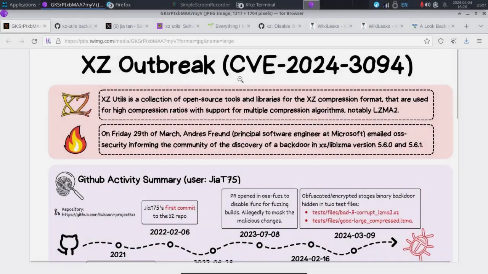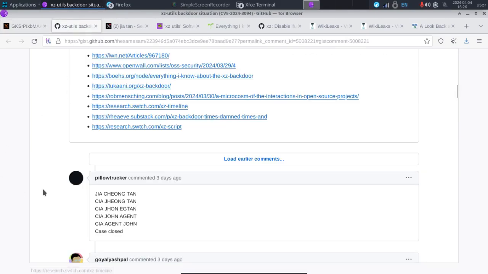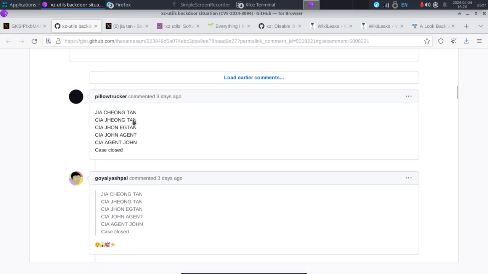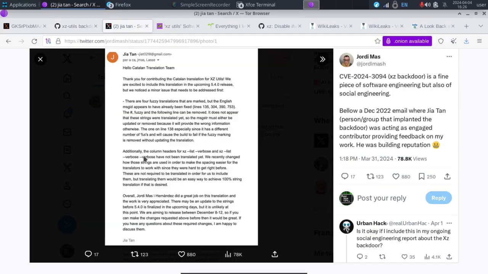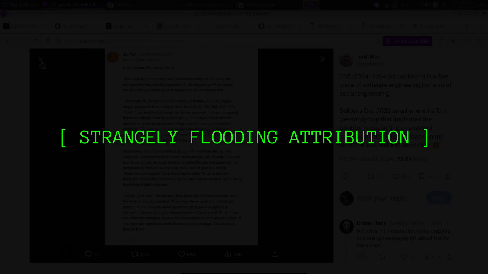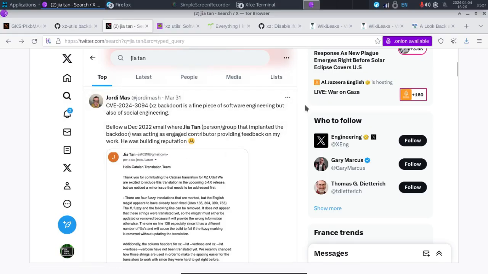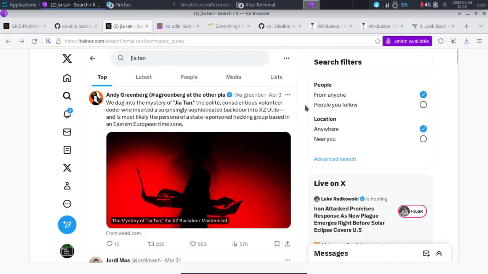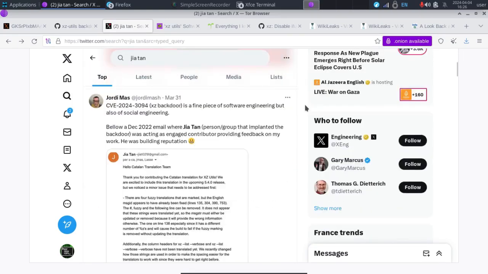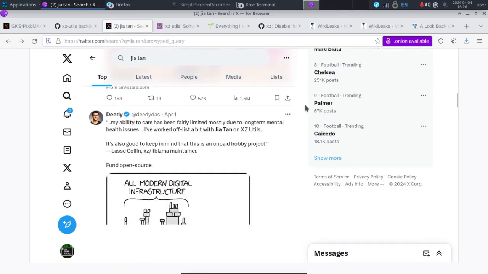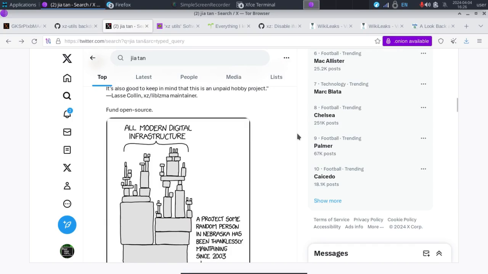So as we can see, this didn't happen overnight, and one thing I do notice is, if it were China, I find it interesting that we are seeing tons of comments trying to attribute it to the CIA. Now, it seems to be the Chinese community is posting these. This could just be that they don't want a bad reputation in the development community just because they're from China. I can totally understand that, but it could also be, if it were in fact related to China at all, would there not be agents that would be posting, trying to redirect that attribution to someone like the CIA?